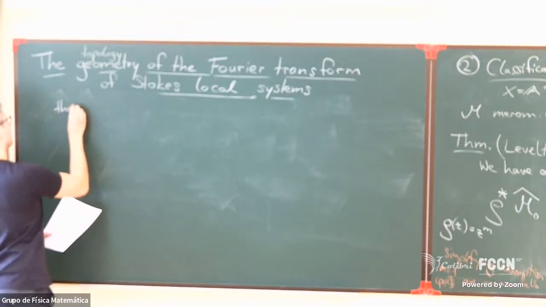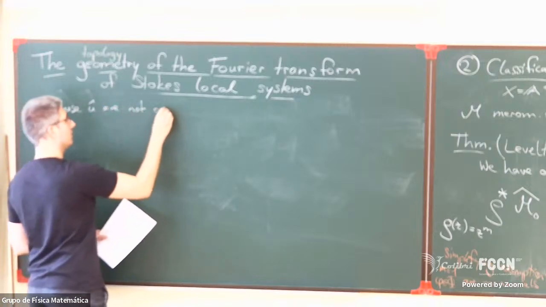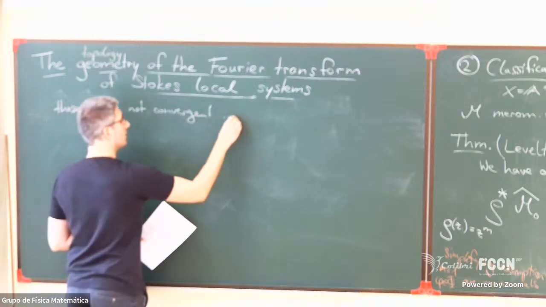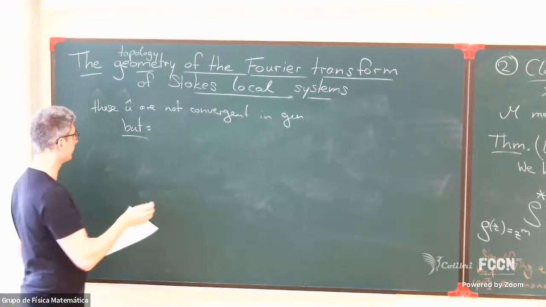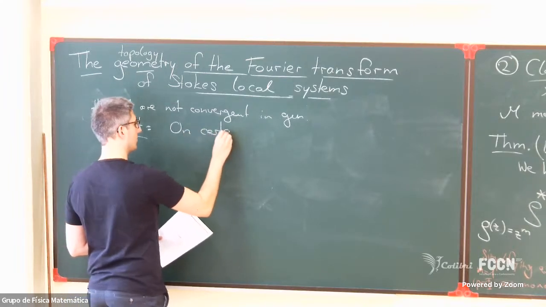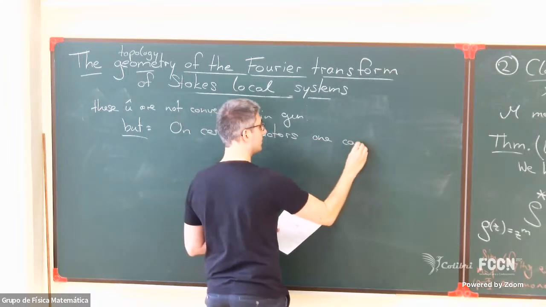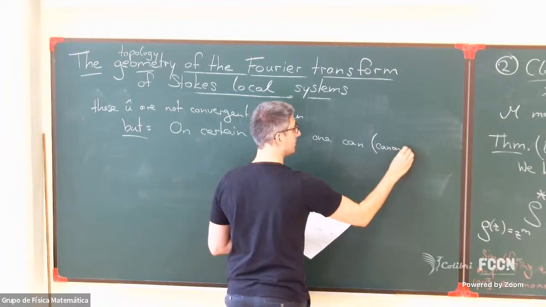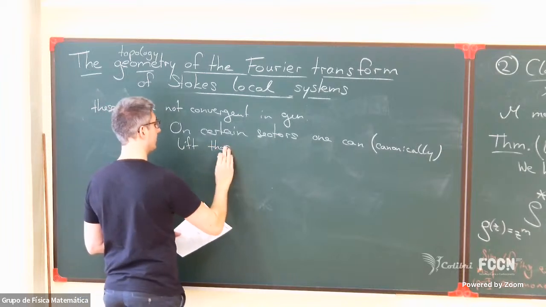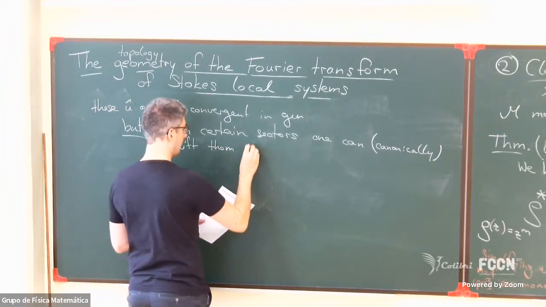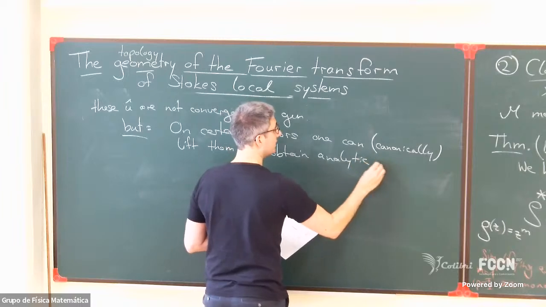So these U hat are not convergent in general, but, and this is now the good news, on certain sectors one can, even in a canonical way, lift them to obtain an analytic solution.